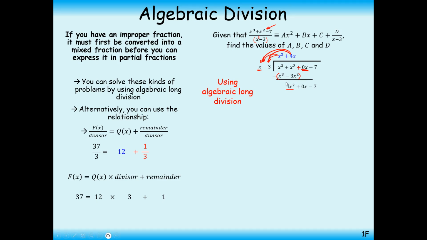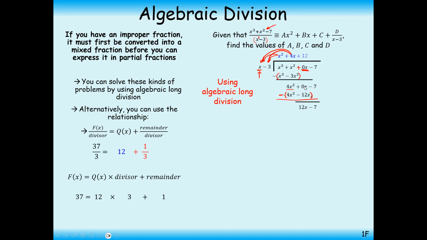So 4x times x is 4x squared. 4x times minus 3x is minus 12x. We use a bracket so that this negative, when we're subtracting, is distributed properly. 4x squared and 4x squared will cancel away, but we will have a positive 12x and a minus 7. You ask yourself again, what needs to be multiplied by this x here to give us 12x?